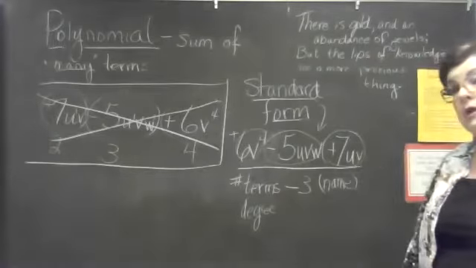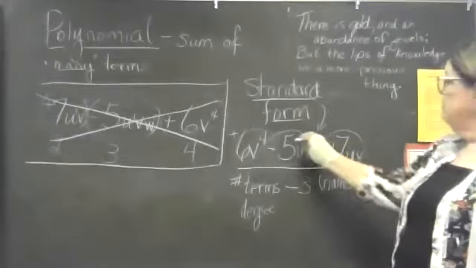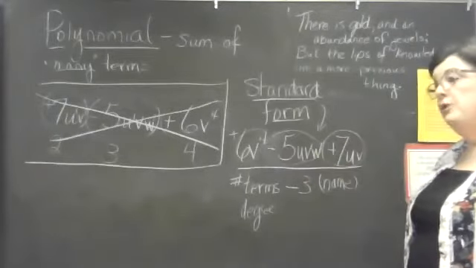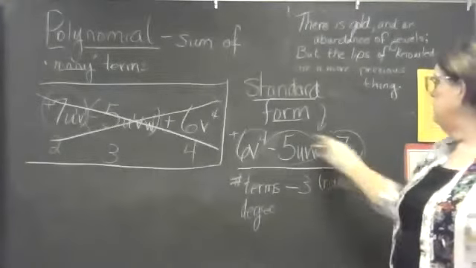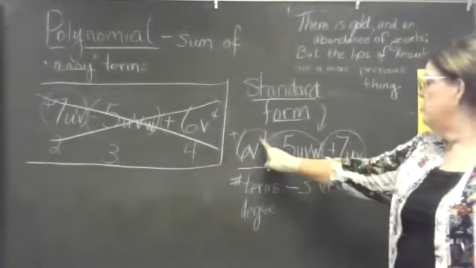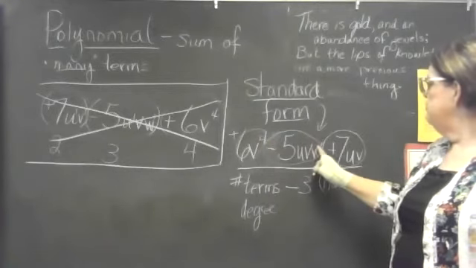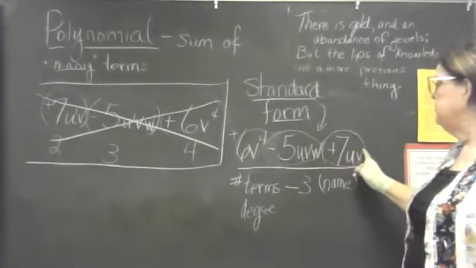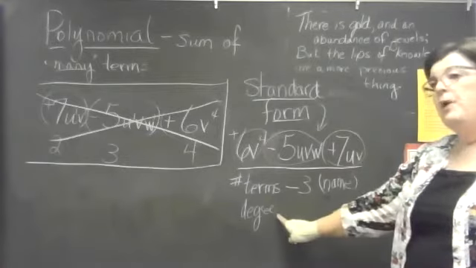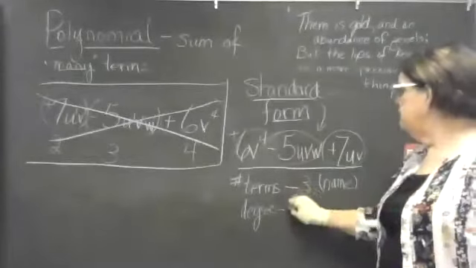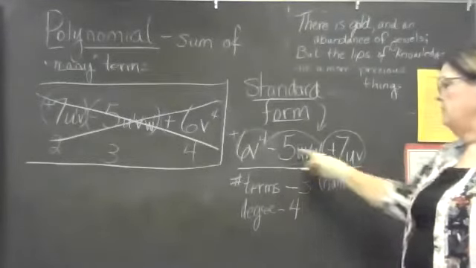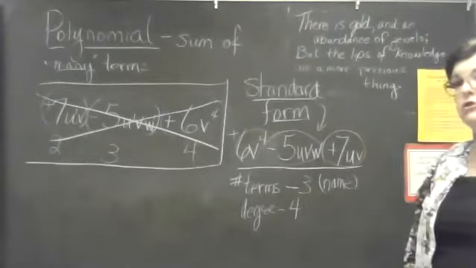And for the entire polynomial, the degree is the largest exponent. Well, we've already put them in order of the largest. This is 4, this is 1, 2, 3, and this is 2. So the degree of this polynomial is the largest one. So you will simply say the degree is 4 of this polynomial. It's the largest degree.